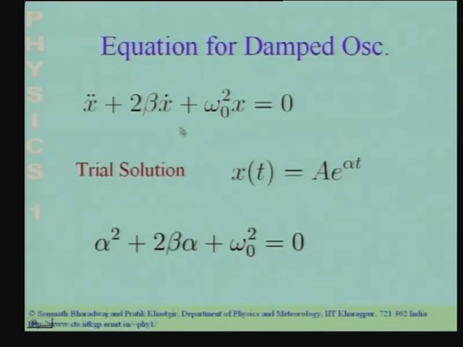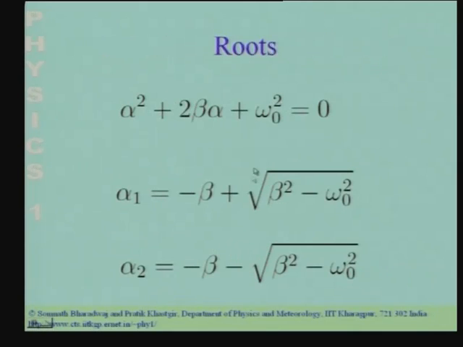Once you do this, the term e to the power alpha t and the constant A all cancel out, and you are left with a quadratic equation governing alpha. The roots of this quadratic equation, as we all know, are two, and the two roots alpha 1 and alpha 2 are given over here. We had discussed this in the last class.